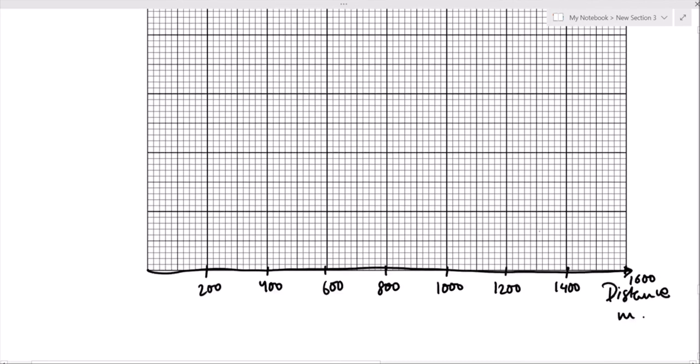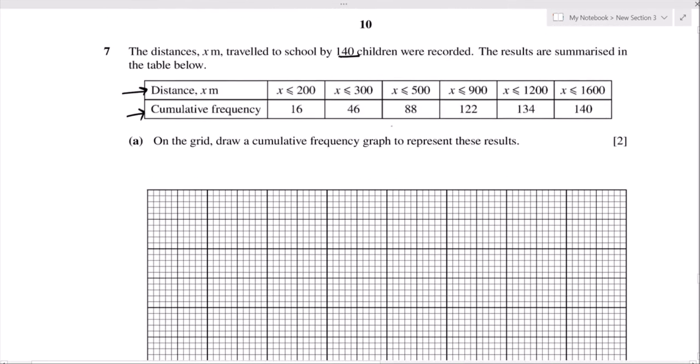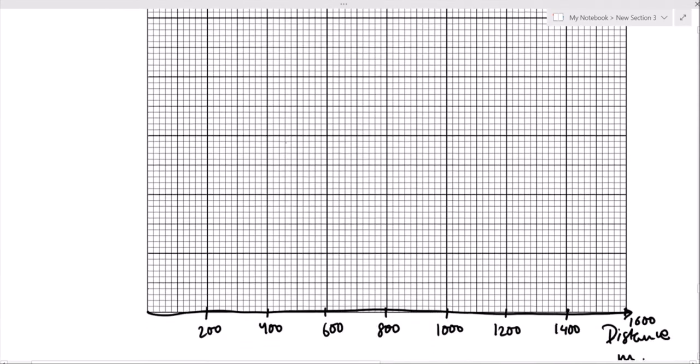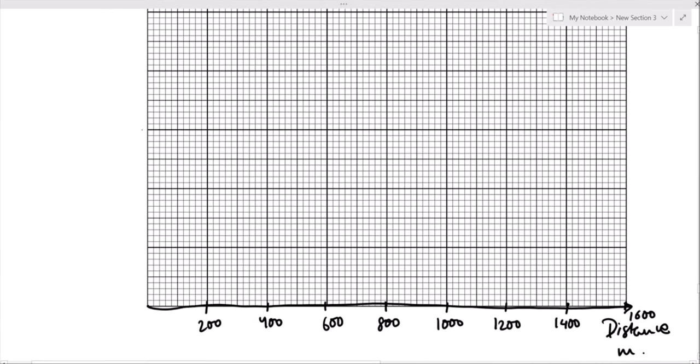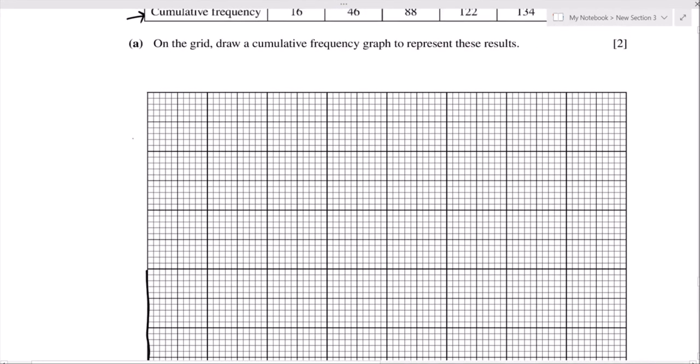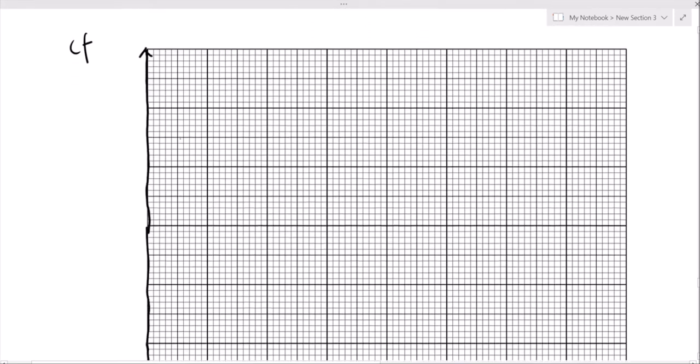Now let's look at the cumulative frequency. The highest value is 140, so let's first scale it as well. This is going to be quite difficult, so I'm drawing it roughly just to give you an idea, but make sure to use a scale. This is going to be the cumulative frequency, and we have the highest value of 140.